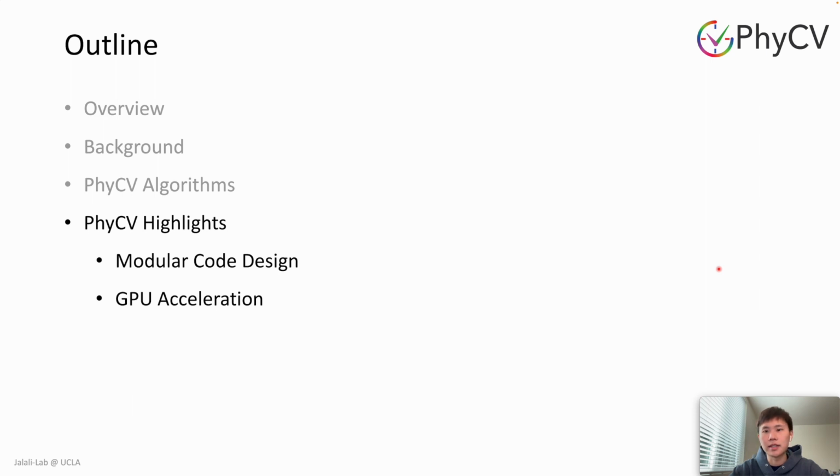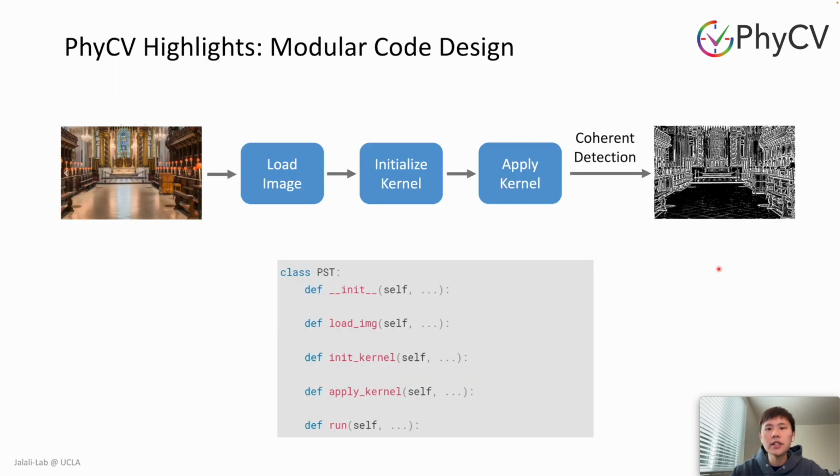At the end, let's look at the highlights of the PhyCV library. The first highlight of PhyCV is the modular code architecture. The modular code design follows the physics behind the algorithm and is therefore more intuitive and readable, since all algorithms in PhyCV emulate the propagation of the input image through a device with specific diffractive properties, which applies a phase kernel to the frequency domain of the original image.